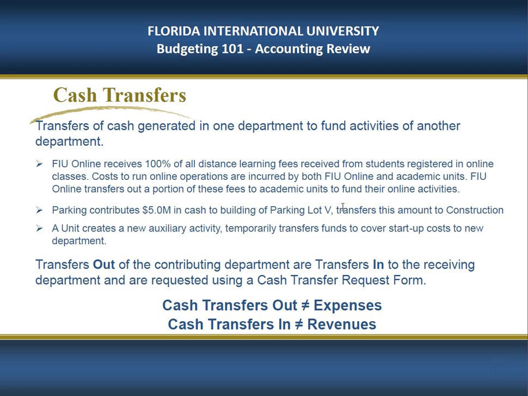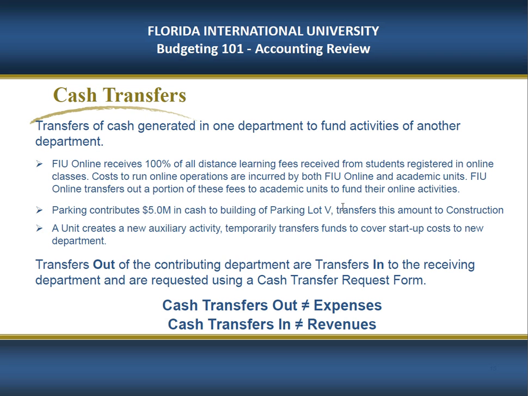Let's say that FIU Online receives distance learning fees from our students who are registered in online courses. The costs to run the operations of FIU Online are recorded in the FIU Online department. But there's some other costs that are incurred in the departments and specific academic units. FIU Online will transfer out a portion of those fees to other departments to help them fund their activities.